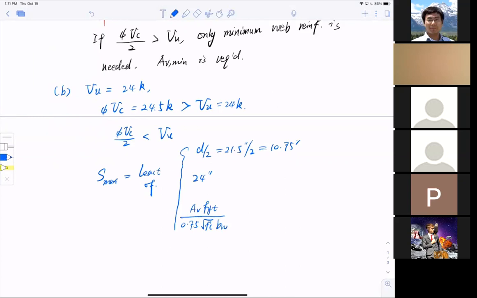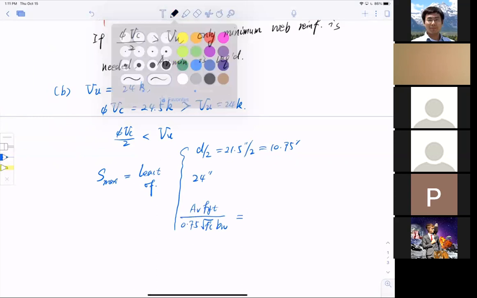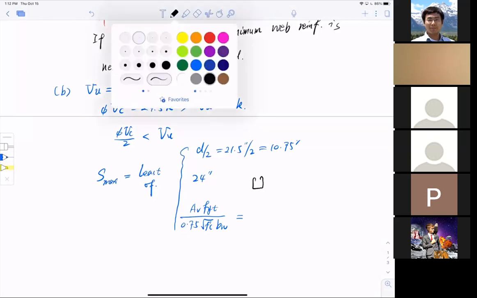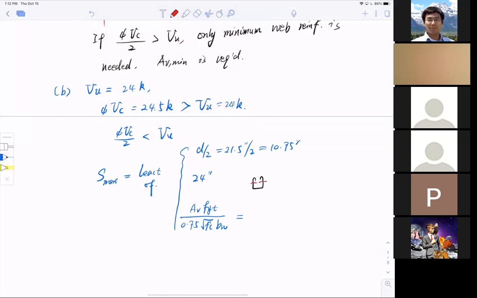So now what is AV, right? Looking back, I have two legs in stirrups. I did not specify which type of stirrups I need. So let's assume number 3 stirrups to be used.